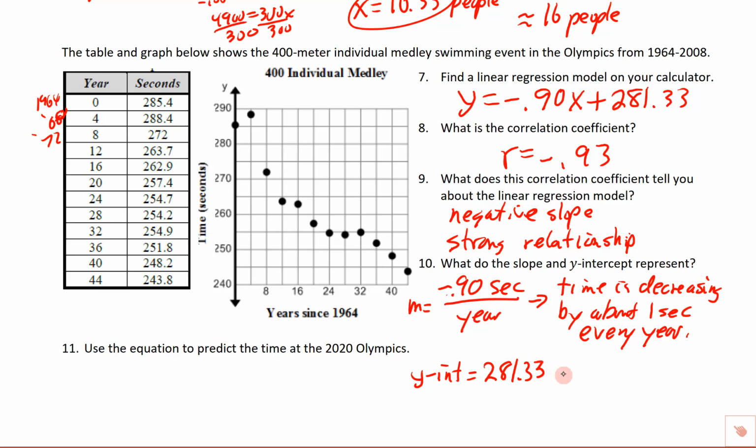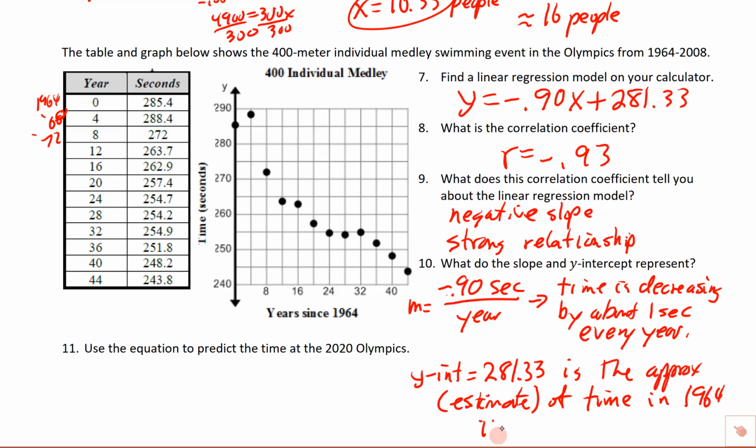We're going to say that this is the approximate estimate of time in 1964. Okay, we'll say the initial time or time at beginning. Like when they started the stopwatch on this particular one, it was 1964, so that's why we've got that right there.